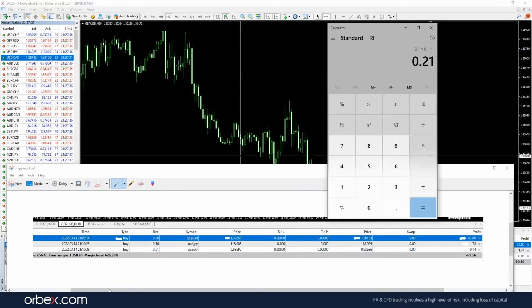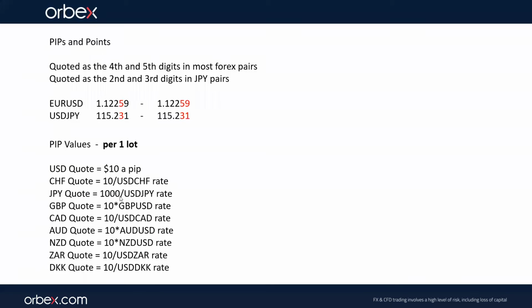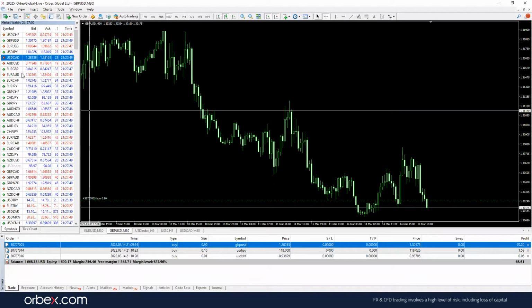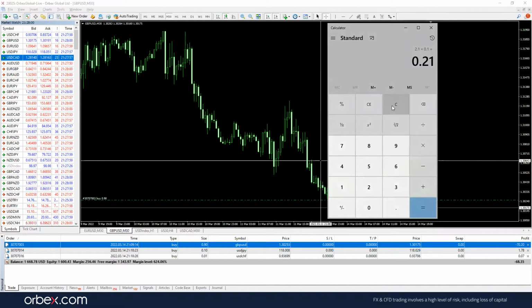Now, what is the calculation for pip value for dollar yen? Let's just go back. So it's 1,000 divided by the dollar yen rate. So currently the dollar yen rate is 118.026. So 1,000 divided by that is going to be approximately 8.8, but let's just check it now. So just remember this 0.21.